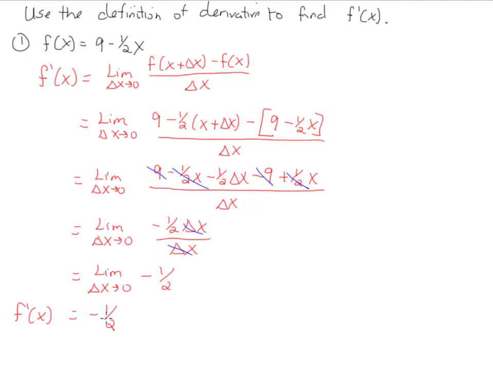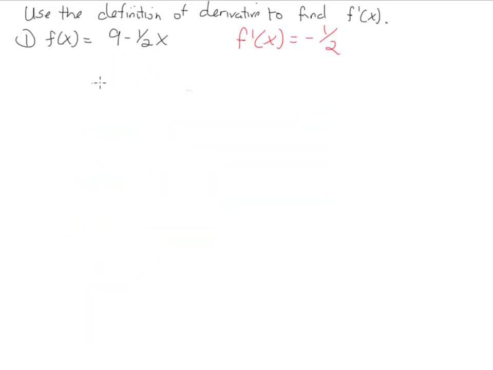So this tells me that my derivative, the slope of my tangent line at any point on the line y equals 9 minus 1/2 x, will always be negative 1/2. Let's think about this graphically to help understand why I didn't have an x variable in my answer. The blue line is f of x, 9 minus 1/2 x.